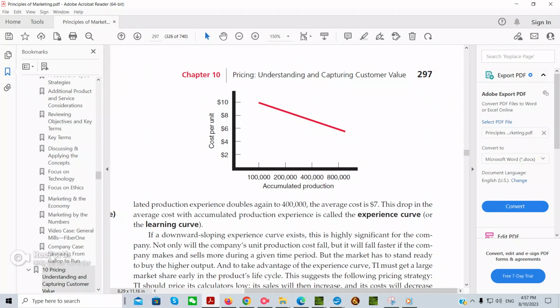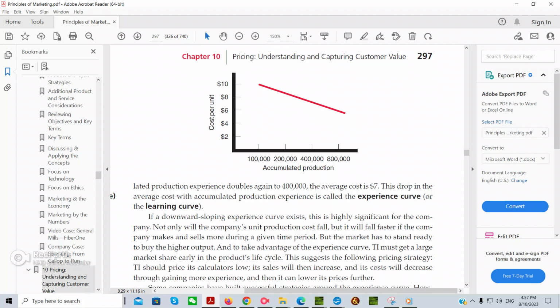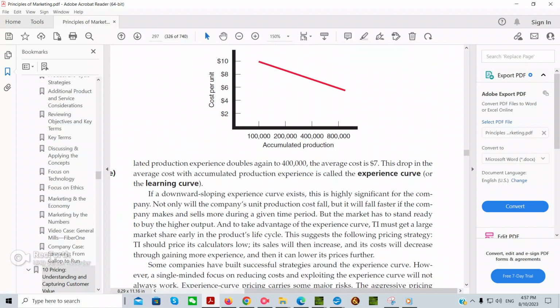Now, okay, so we have the experience curve. That means it's how many you produce over time. What happens to the expenses? It's the experience curve or learning curve. So the idea is that in the ideal situation, as you produce more, you become more efficient, and the cost per item is cheaper.